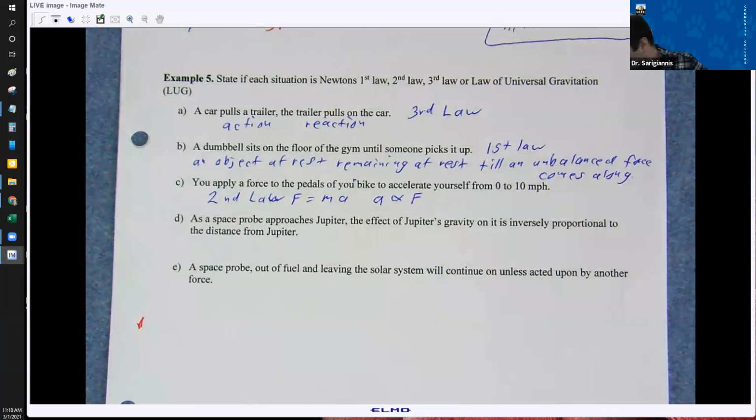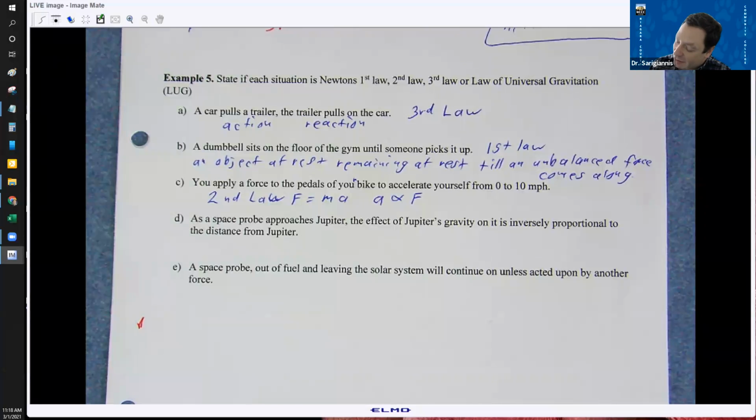Now, something like the third law would have been worded something like, you apply a force to the pedals, apply a force to your feet, or the rear wheel of the bicycle applies a force to the ground and pushes back, right? That would be a third law type statement of this. But here, the implication is that I'm trying to tie force to acceleration for the second law.